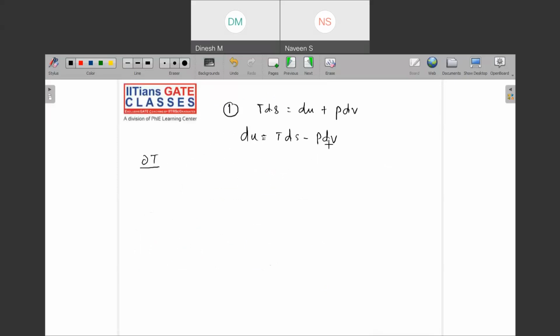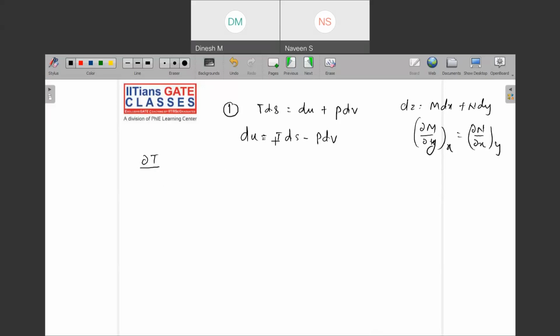Let me write once again that this was dz is m dx plus n dy. Then we can write del m by del y at x constant is equal to del n by del x at y constant.